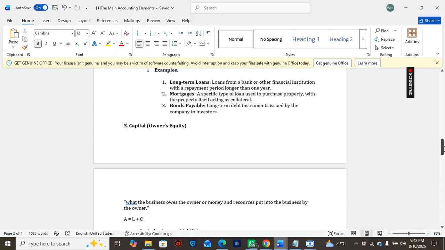These resources can be money, assets, equipment. That's what capital is. Another way to look at capital is what the business owes the owner. If the company should close, whatever capital you have in there is owed back to you by the business.